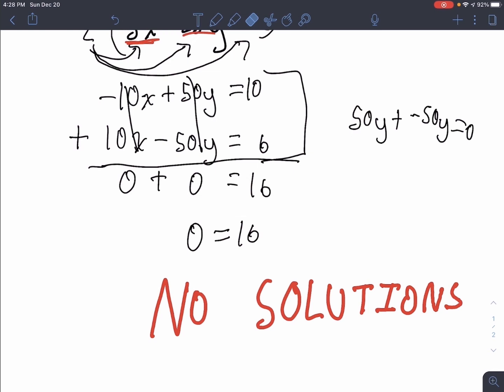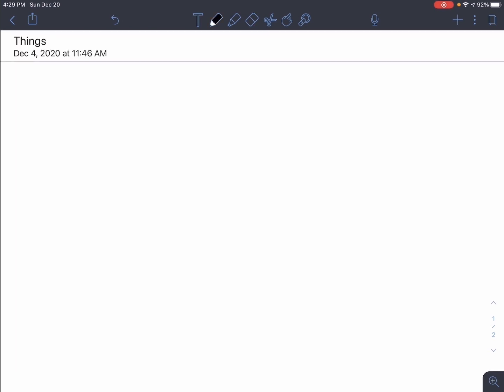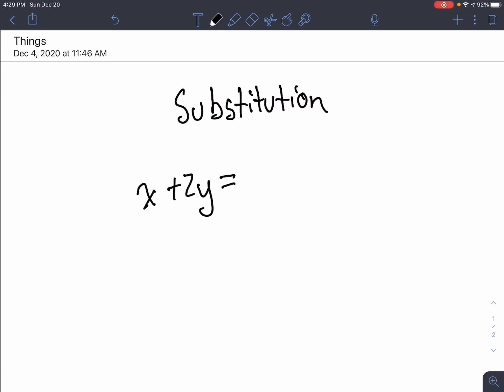Let's move on to the substitution method. Now let's get introduced to a new method, which is the substitution method. So let's say we had x plus 2y equals 100, and then we had y equals 2x.